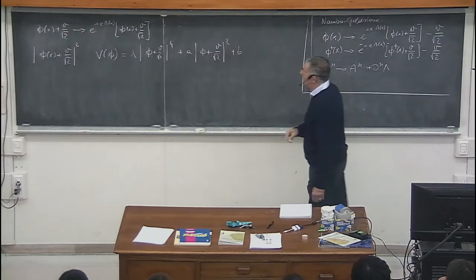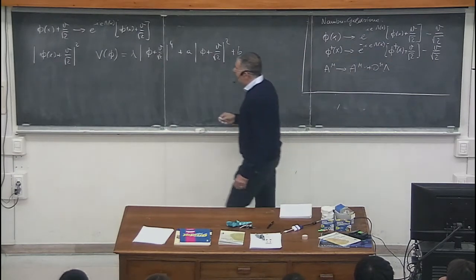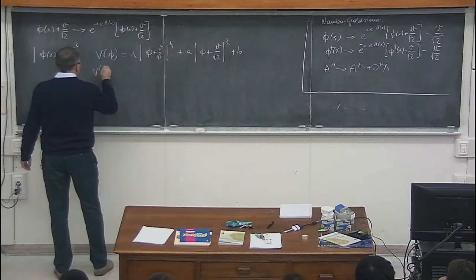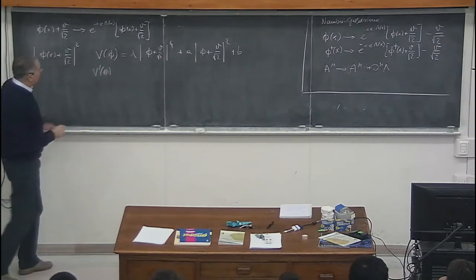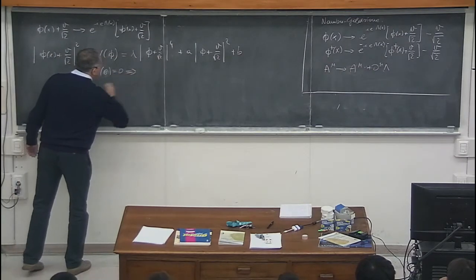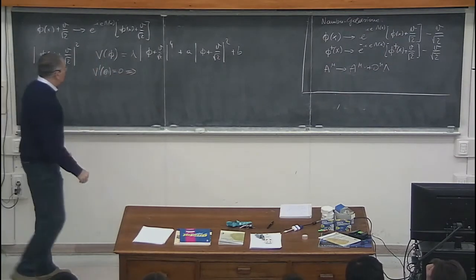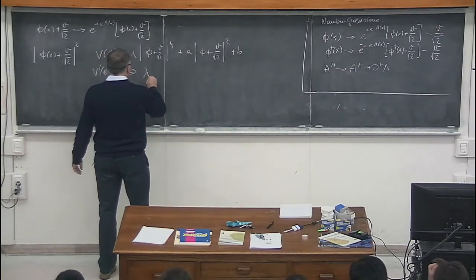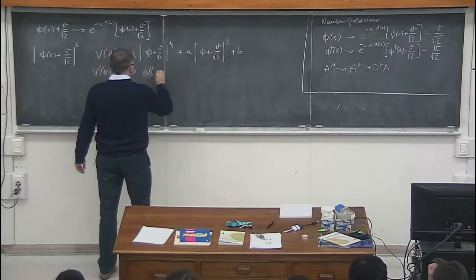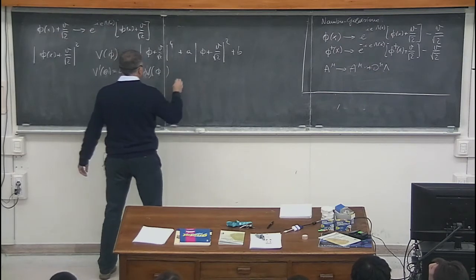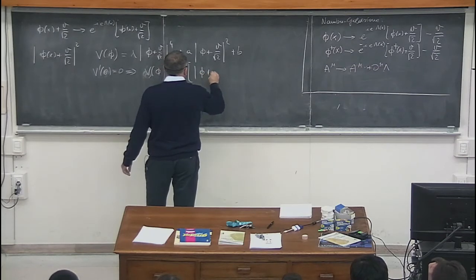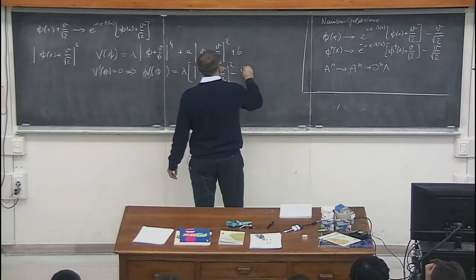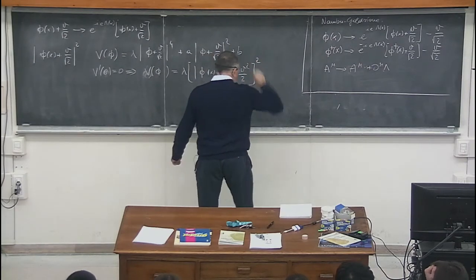The constant b is irrelevant, of course. And if I further require that the potential has a minimum when φ equal to 0, then you can work out a little bit and discover that the potential has a unique form up to an additive constant, which is λ(|φ(x) + v/√2|² − v²/2)².